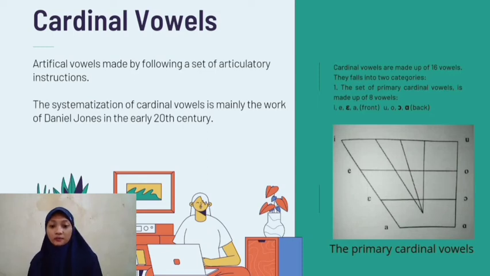The first one is primary cardinal vowels. It's made up of 8 vowels.